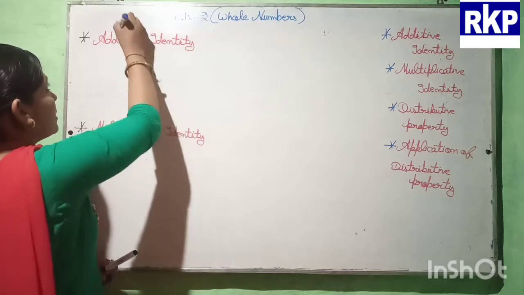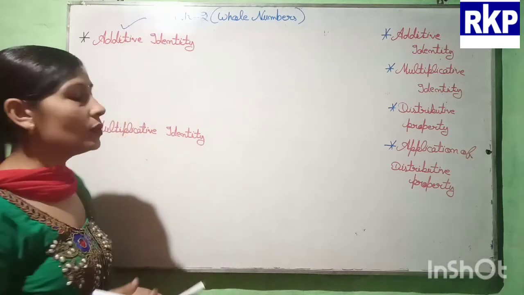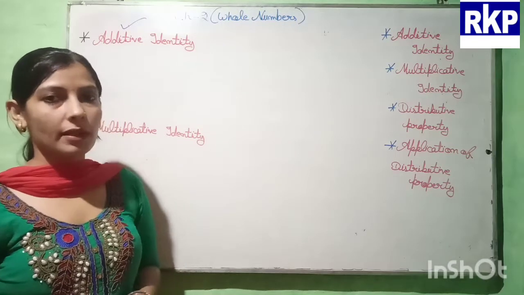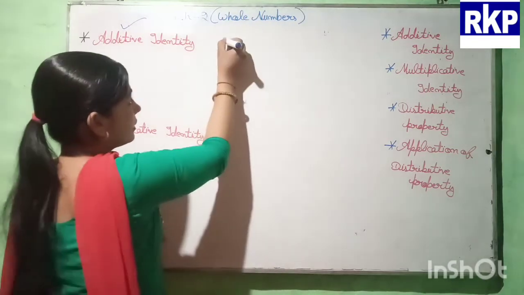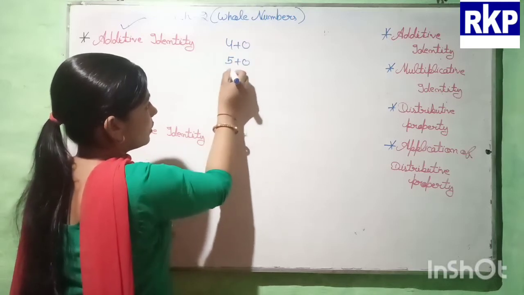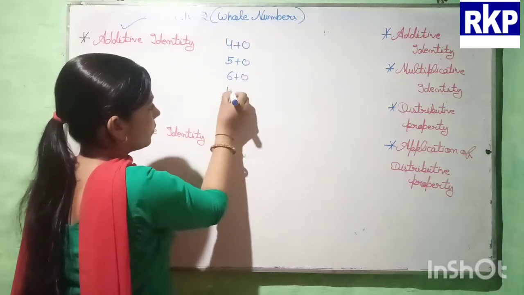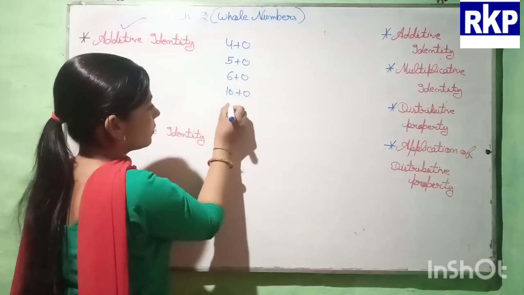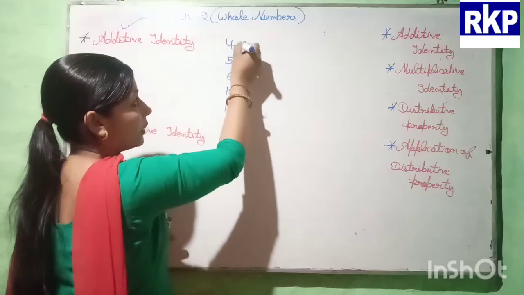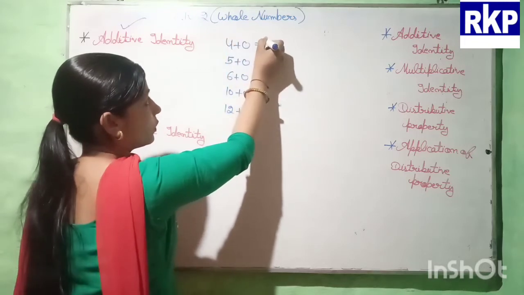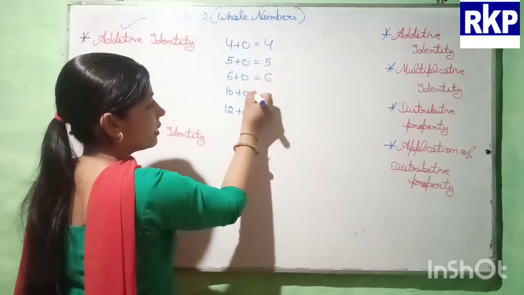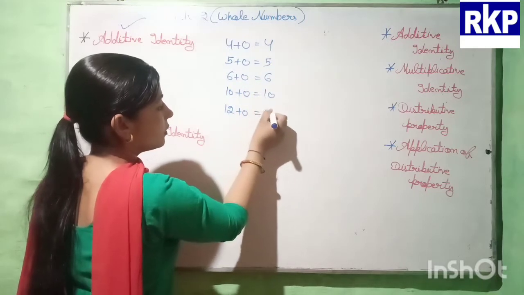First of all, let us see what is additive identity. To understand it, let us take some examples. If I write 4 plus 0, 5 plus 0, 6 plus 0, 10 plus 0, 12 plus 0, then when we add 0 to 4, we get 4, here we get 5, here 6, here 10, here 12.